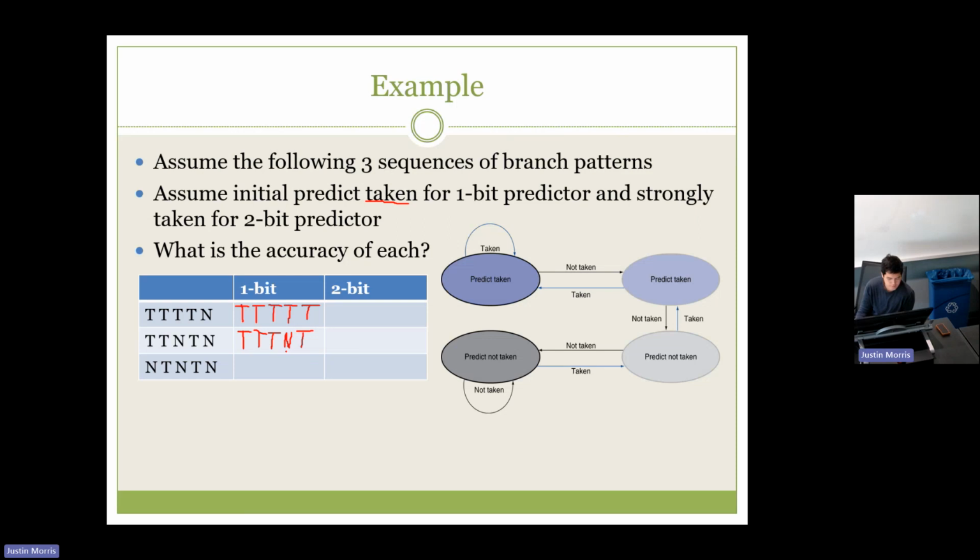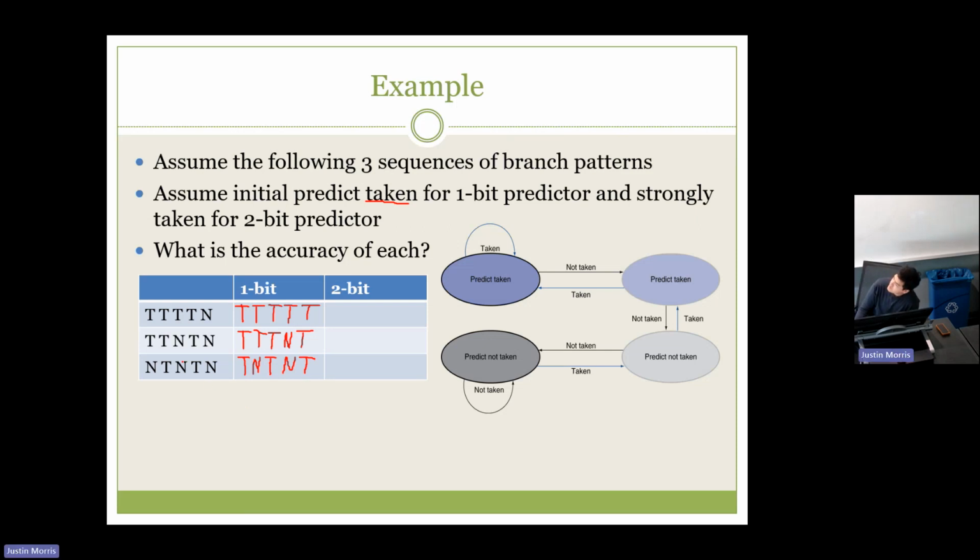All right, first prediction: right or wrong? Wrong. And then my next prediction becomes not taken, and right or wrong? Wrong. So now my next prediction becomes taken. Right or wrong? Wrong. Next prediction becomes not taken. Again wrong, right? So we predict taken next, and again it's wrong.